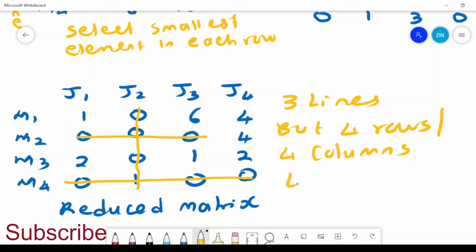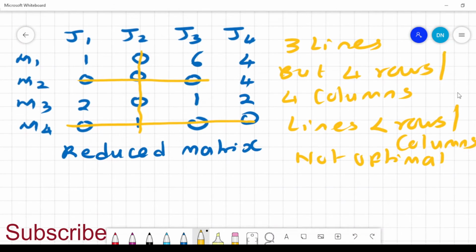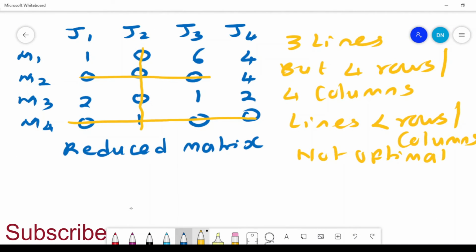Since the lines are fewer than the rows and columns, we say the solution is not optimal. If the number of lines drawn were equal to the number of rows or columns, then we would have said that the solution is optimal. But since that is not the case, what we do next is we find the smallest element.